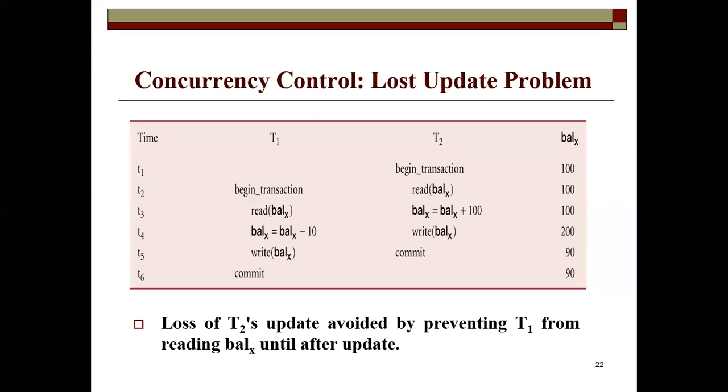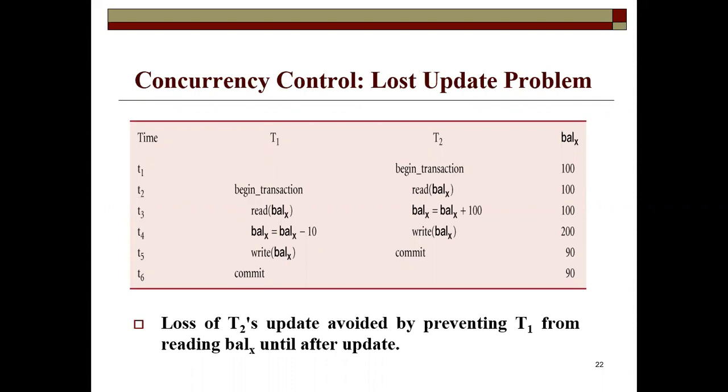At time T3, transaction T1 continues, it began, so it will read the balance. The question is, is there an update or not? At that point, no update has been made, so it will read the initial balance 100. At the same time, T2 is continuing its operations. We are looking at simultaneous actions, two transactions happening at the same time.